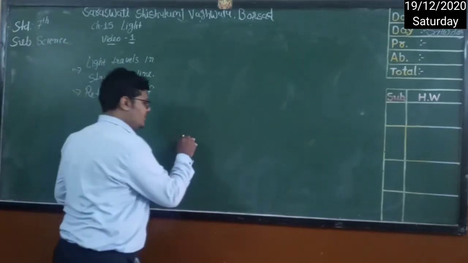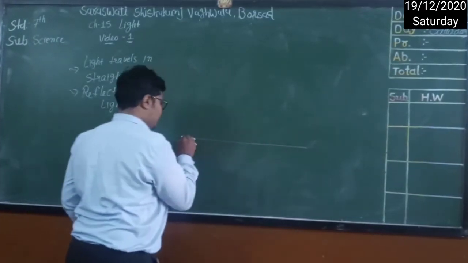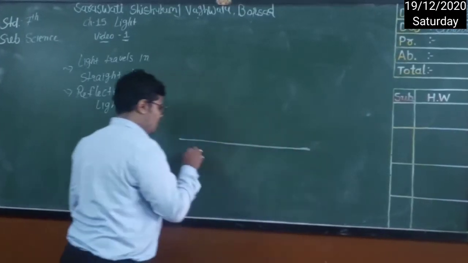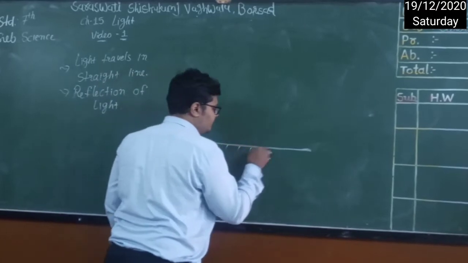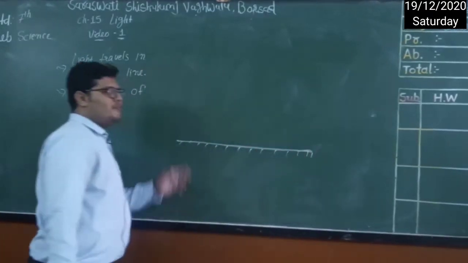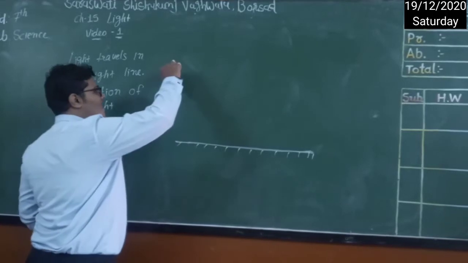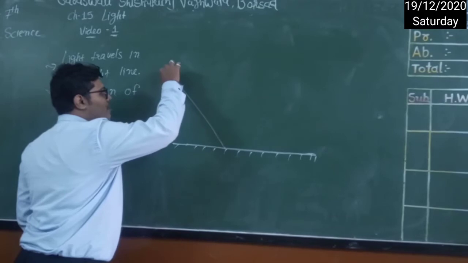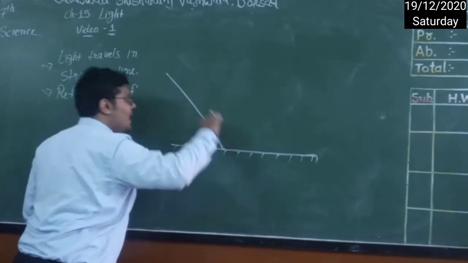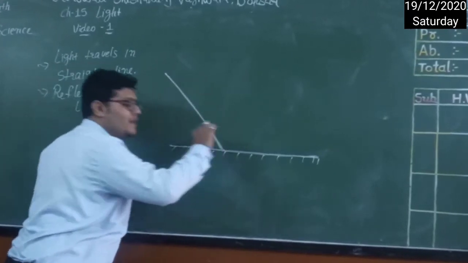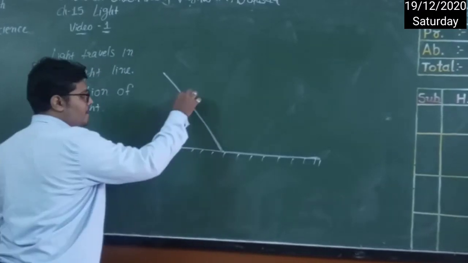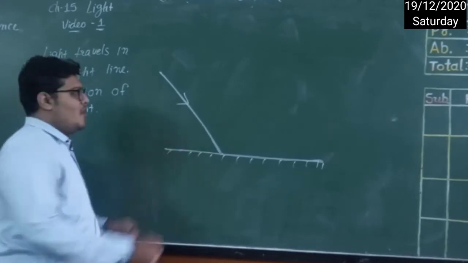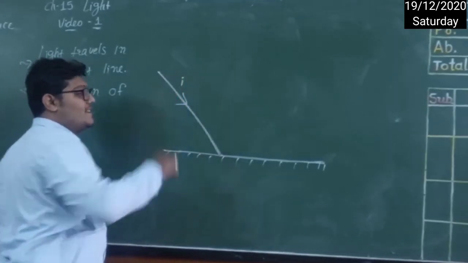Just imagine that this is my mirror. From some light source the light falls on the mirror, right? As it is falling on the mirror, we can say it is incident light, so this is my incident ray.